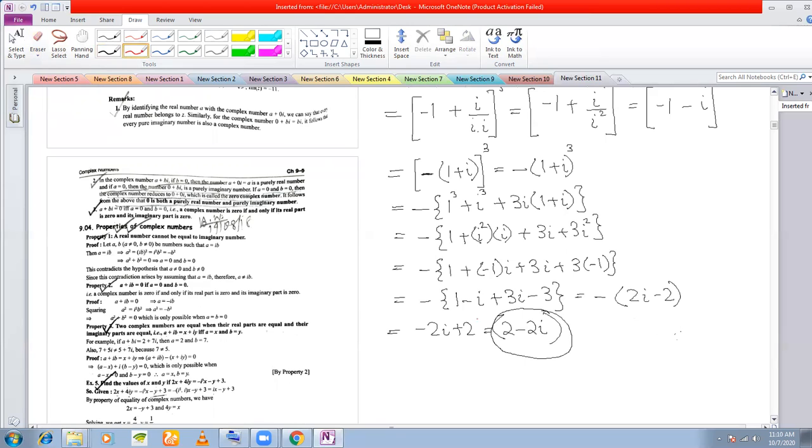This part is called the real part, and this part, minus 2i, is called the imaginary part. So imaginary numbers are different from complex numbers. Imaginary numbers are part of complex numbers.